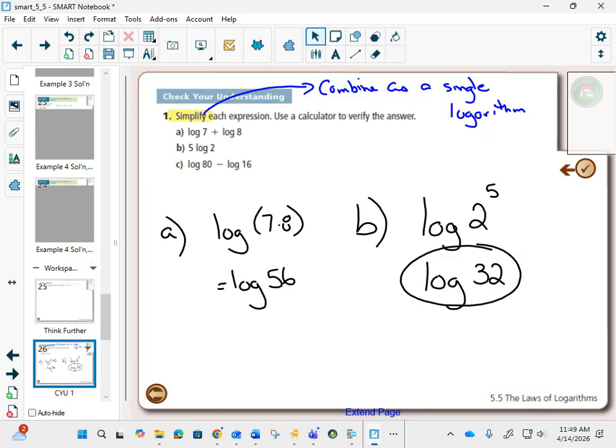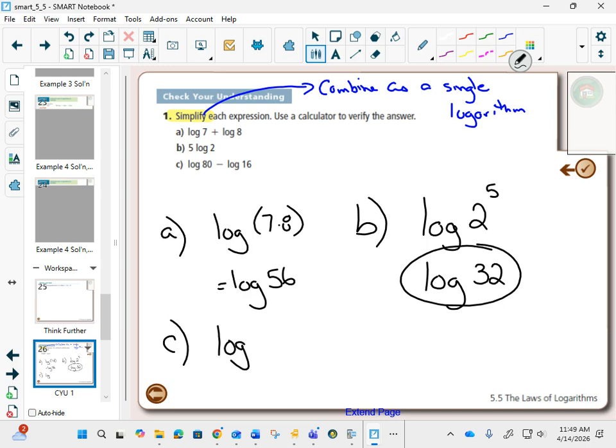And finally, I'm dividing. Oh no, I'm subtracting. I got ahead of myself. I'm subtracting 2 logs. I have a log law that says if you subtract 2 logs, that's the same as keeping the base the same, and notice these all have the same base.